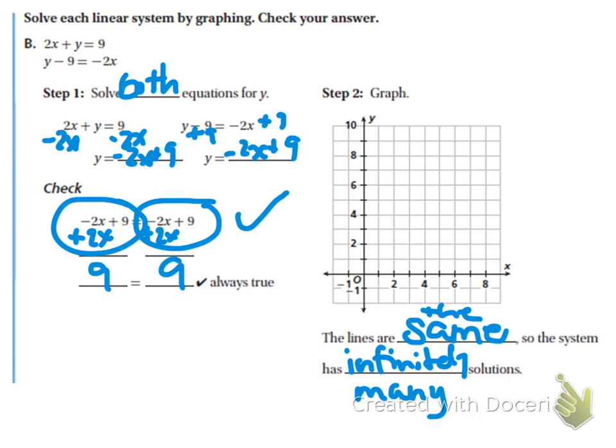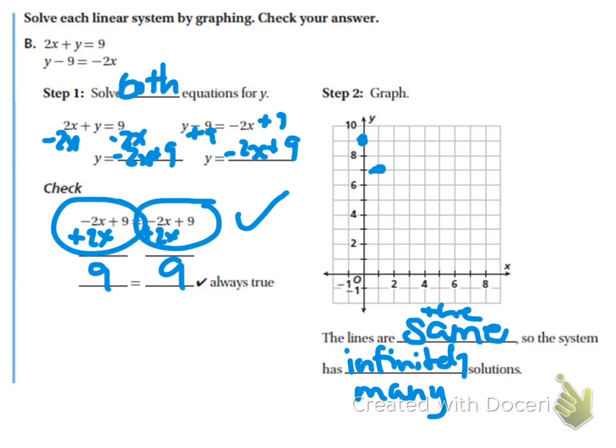So if I were to graph this, I would graph at 0, 9. And then when I put in 1 for x, I get negative 2 plus 9, which is 7.